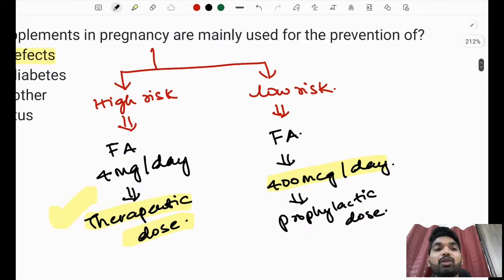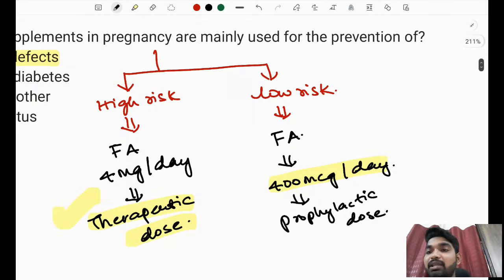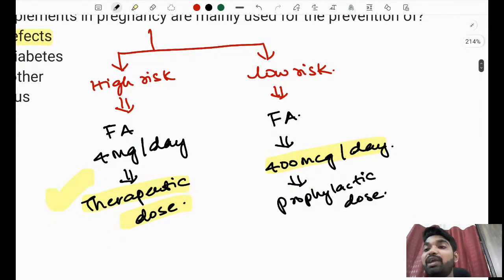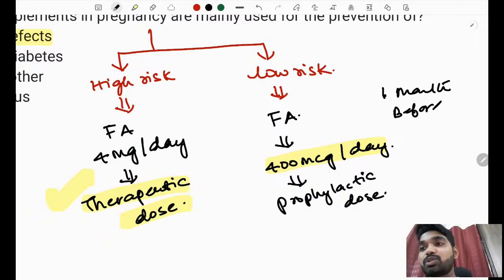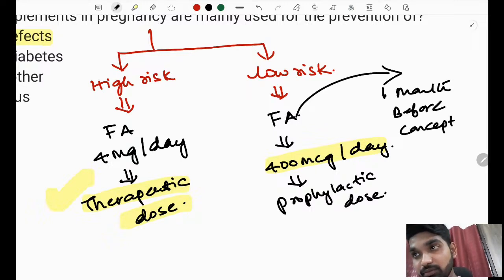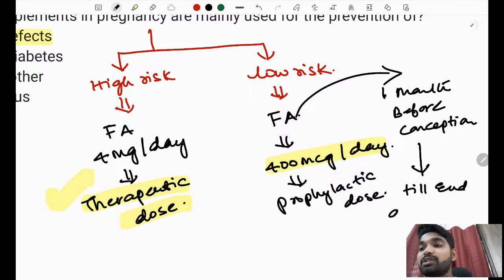And this prophylactic dose, as somebody has rightly said, this folic acid supplementation, you need to start one month before conception, till the end of the first trimester.